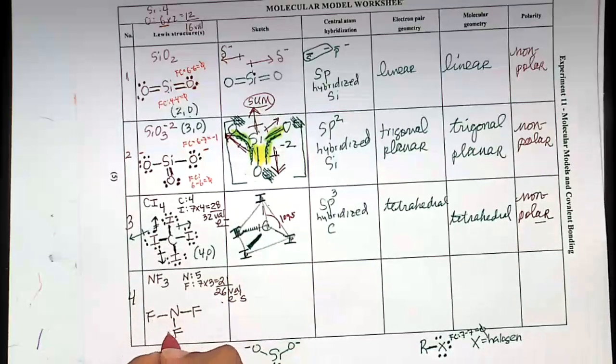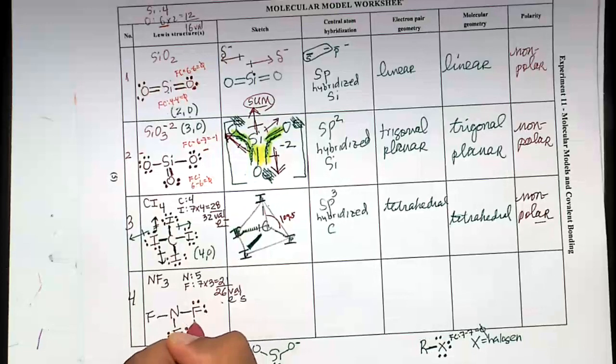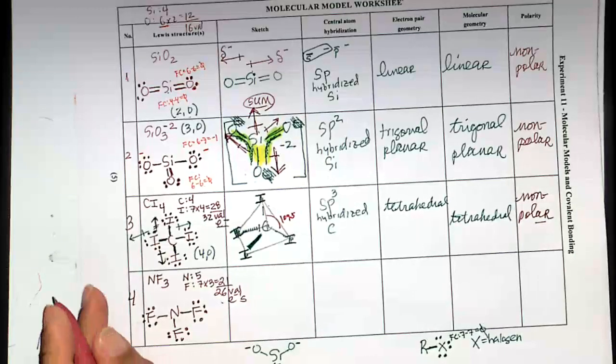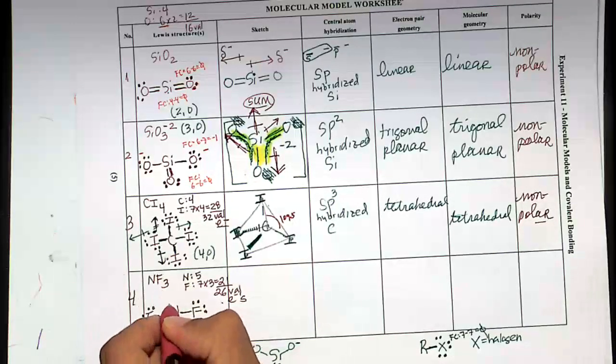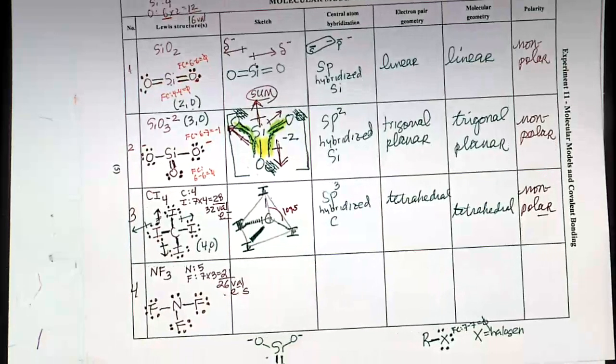Let's go to 26. 7, 8, 9, 10, 11, 12, 13, 14, 15, 16, 17, 18, 19, 20, 21, 22, 23, 24. Where will 25 and 26 go? On the nitrogen. Good job. They'll go on the nitrogen.